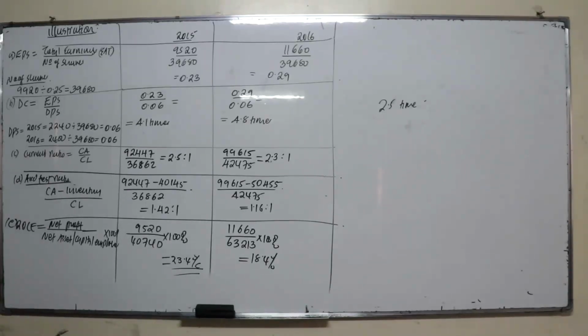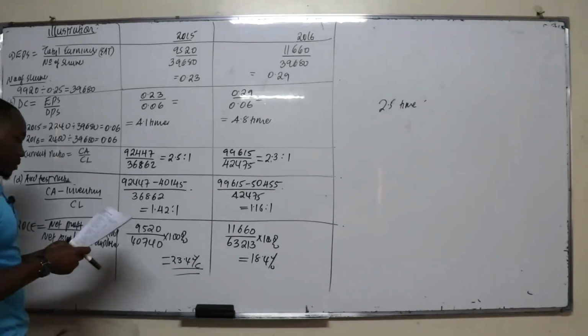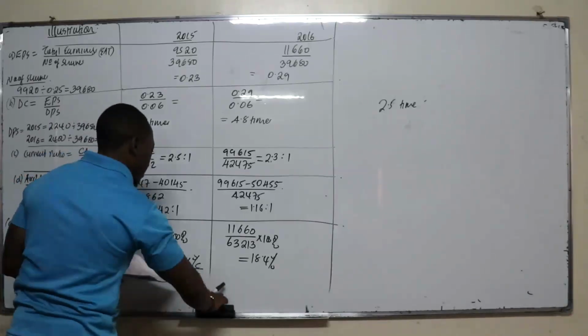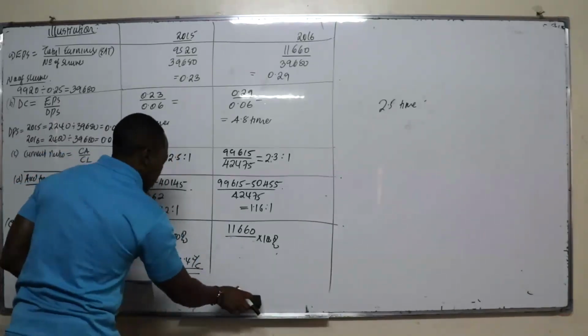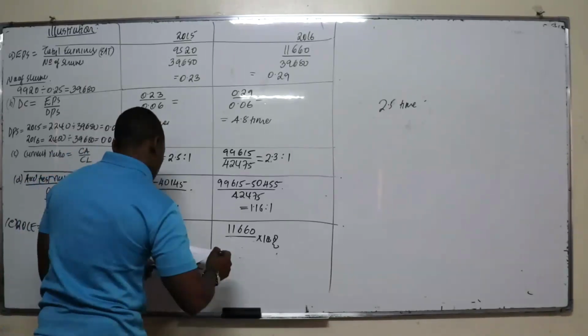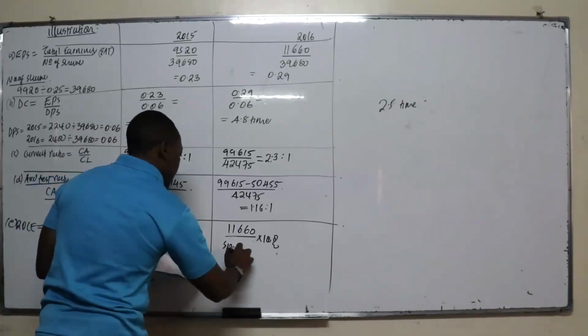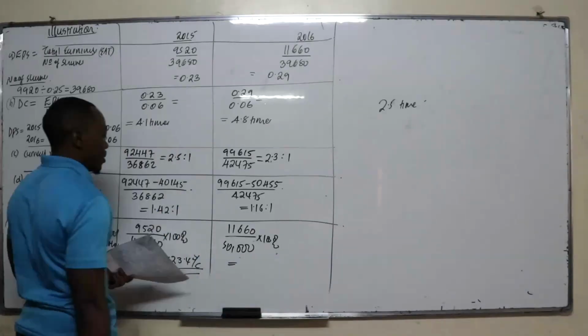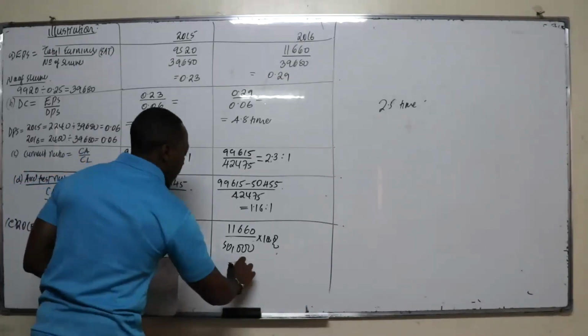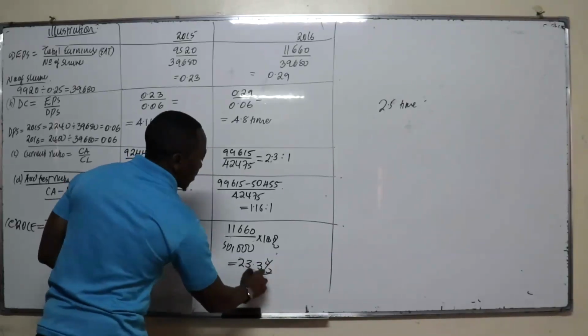We have illustration 2. I have provided it together with the solution. Net asset was 50. This one was 50, and this is 50. So therefore you get the percentage of how much? 0.3%.